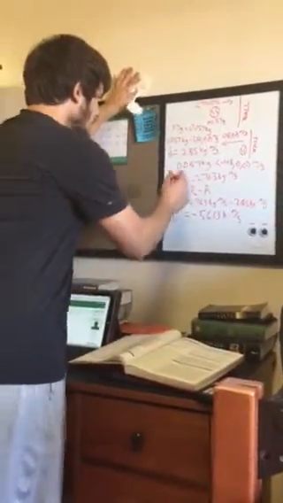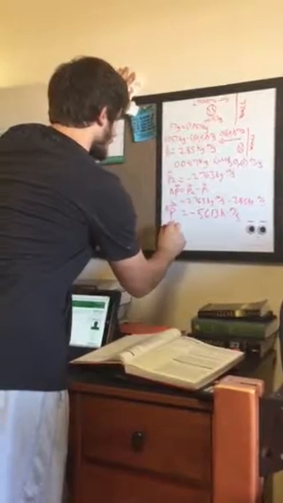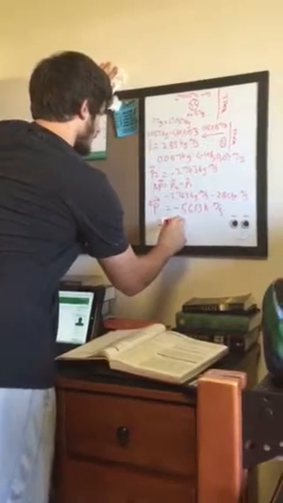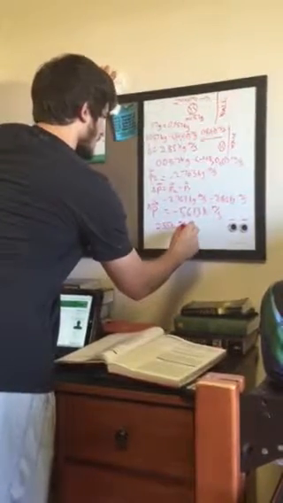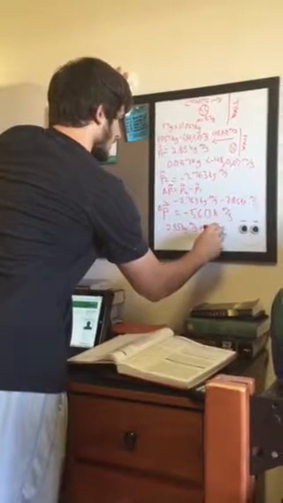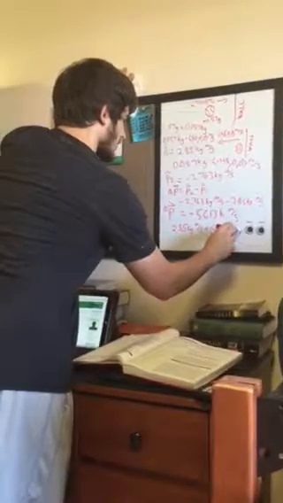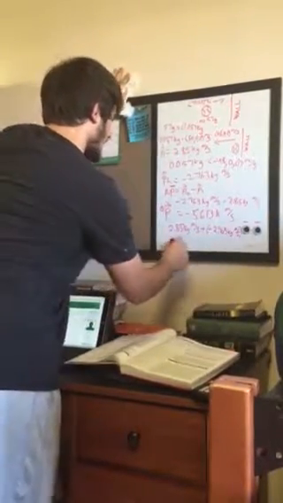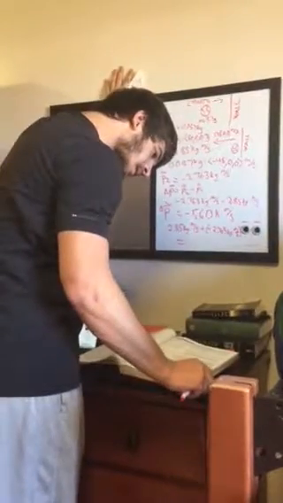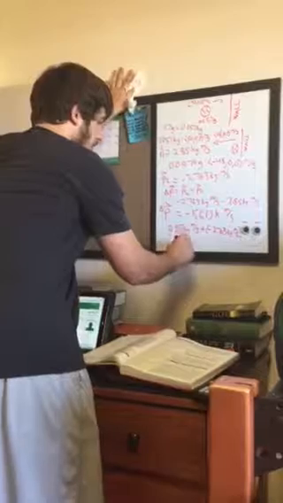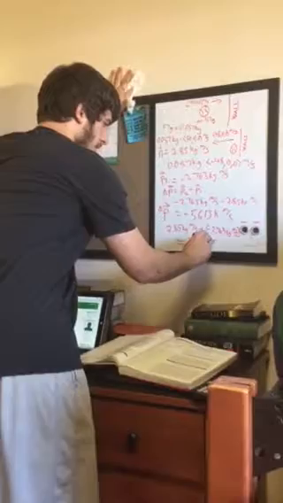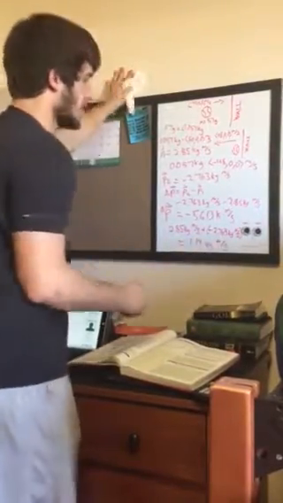So the 2.85 kilograms meters per second plus the negative 2.763 kilograms meters per second, and that is going to give us 1.14 kilograms meters per second. And that's that.